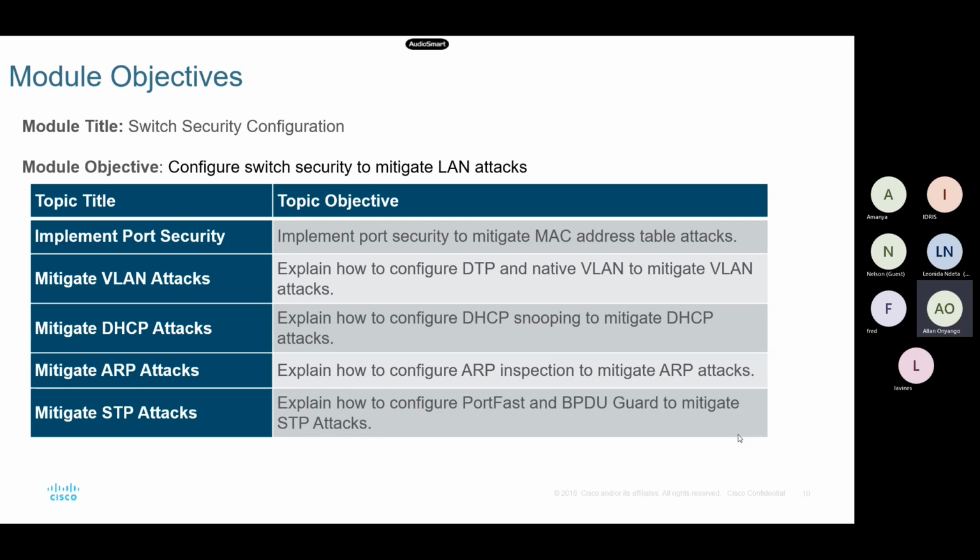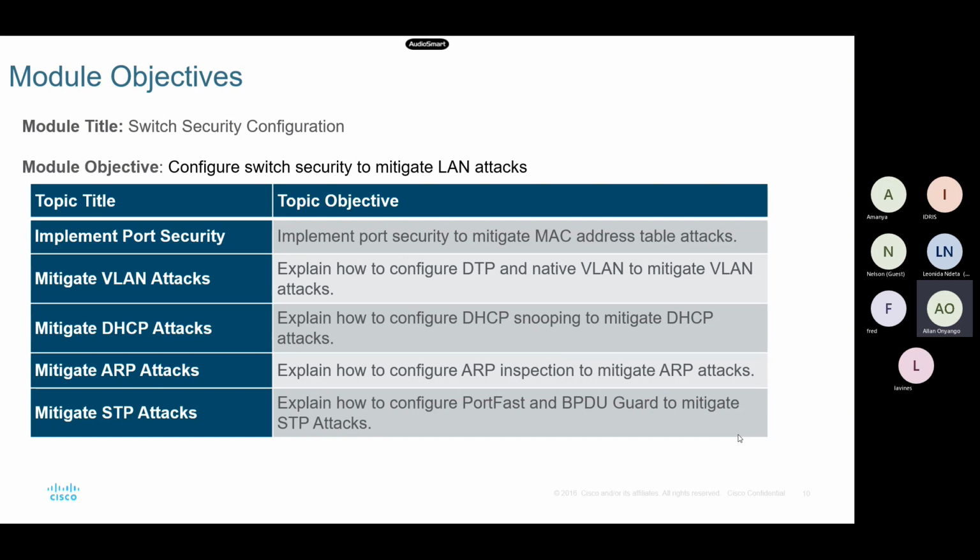All right. Then to mitigate against VLAN attacks, we will configure DTP and native VLAN. Then to mitigate against DHCP attacks, we'll configure DHCP snooping to mitigate against DHCP starvation and DHCP spoofing.